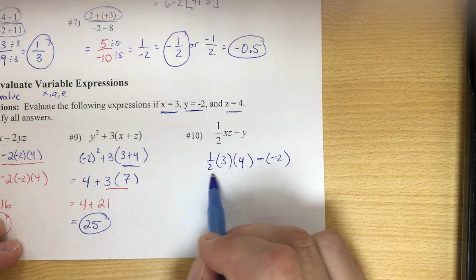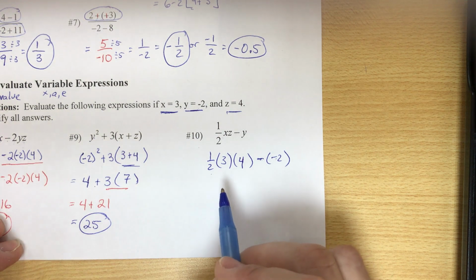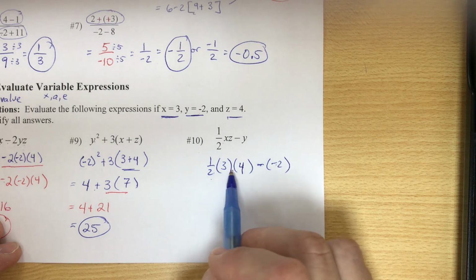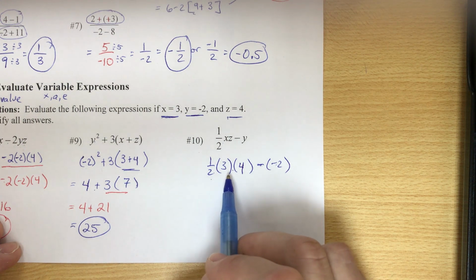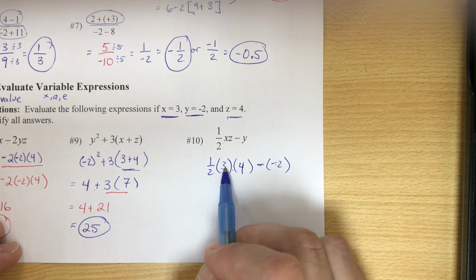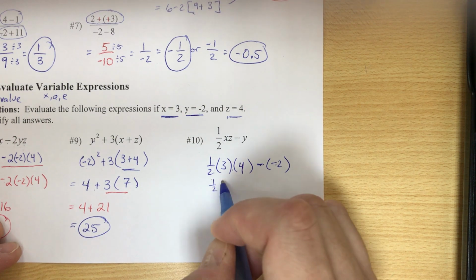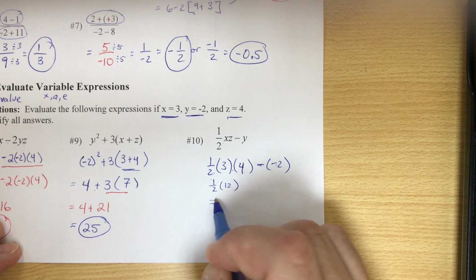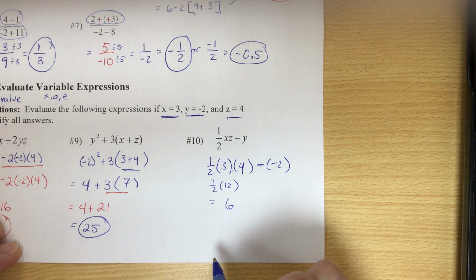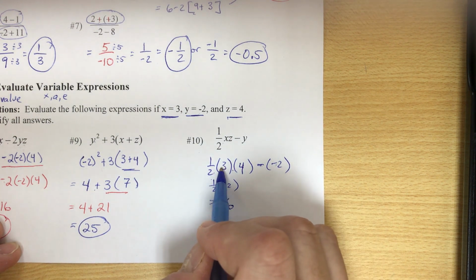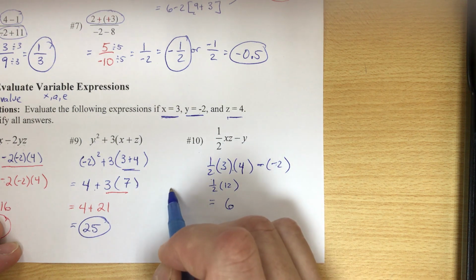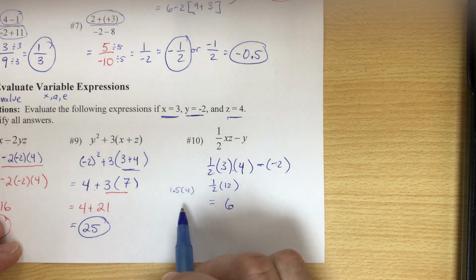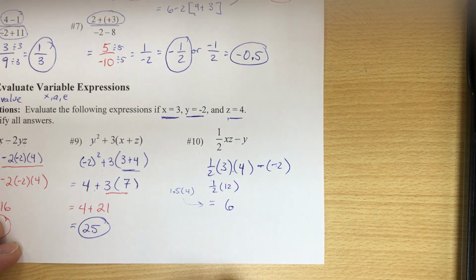So now we have, this is all multiplication. One of the things about multiplying is that you can multiply in any order with these numbers. So if it's easier for you, you can do 3 times 4, which is 12, and then half of 12 is 6. Or you could do 1/2 times 3, which is 1.5, and 1.5 times 4 is also 6.